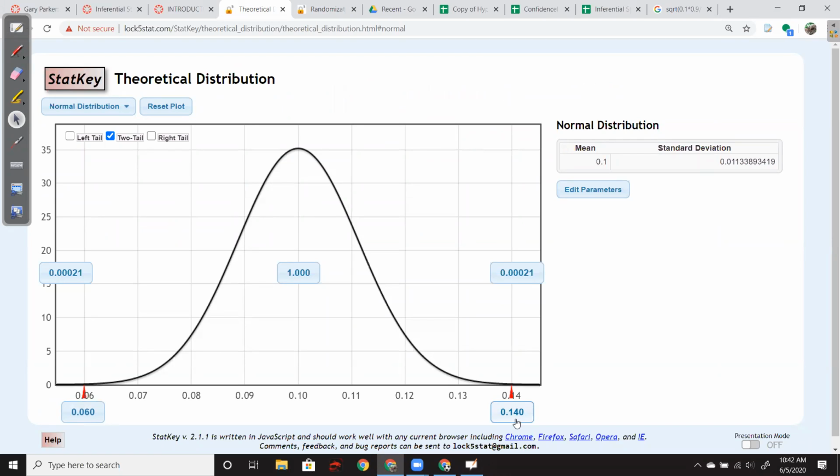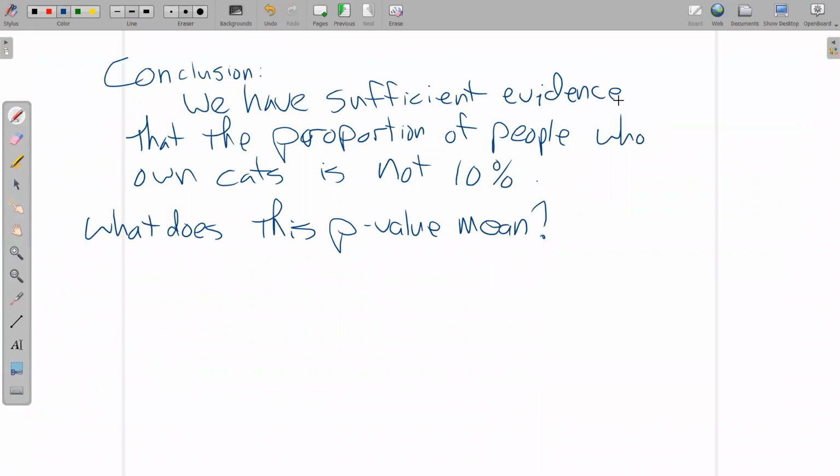StatKey says it's about 14%, which is what I was guessing earlier. That's based on the mean of 10% from the null and the standard error, that funky formula with the square root of pq over n. So 6% is the low, 14% is the high. I need those two numbers to make this interpretation of the p-value.